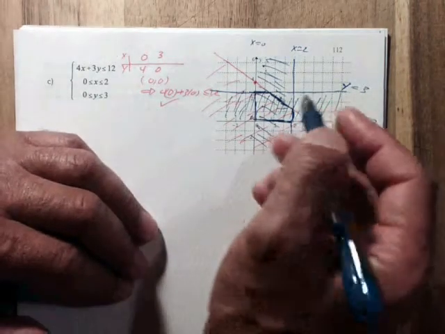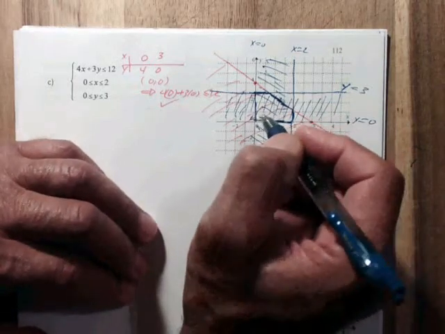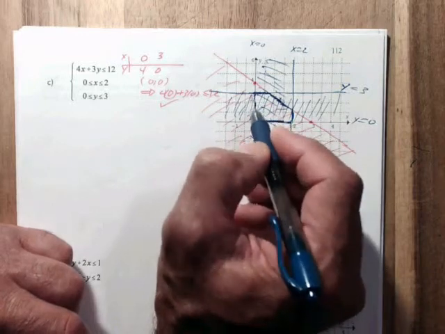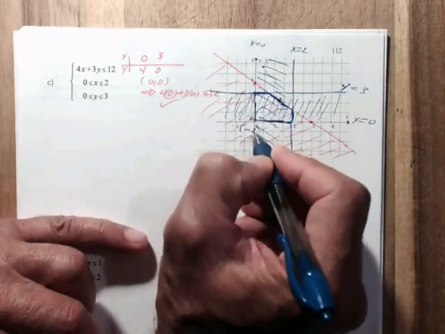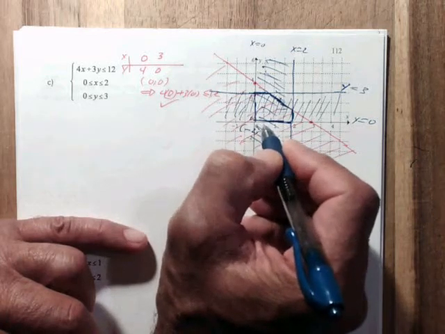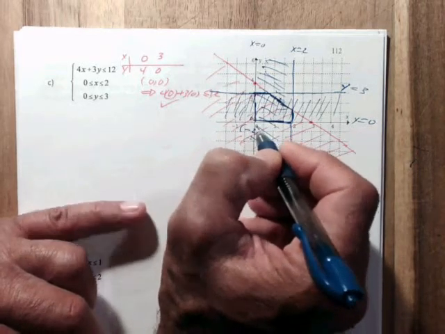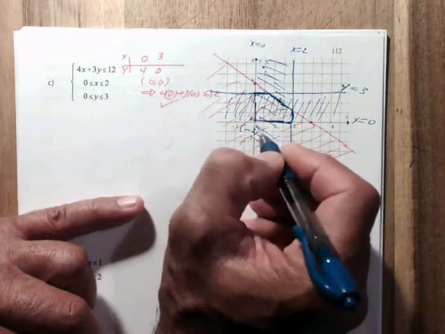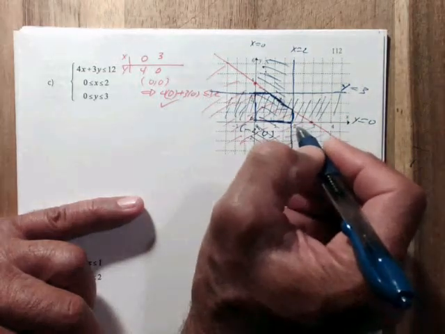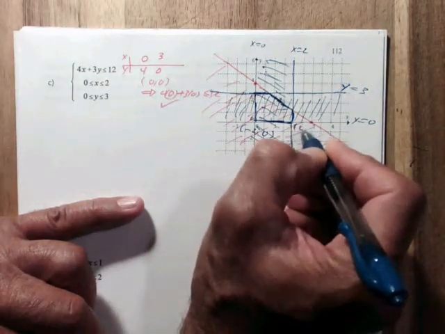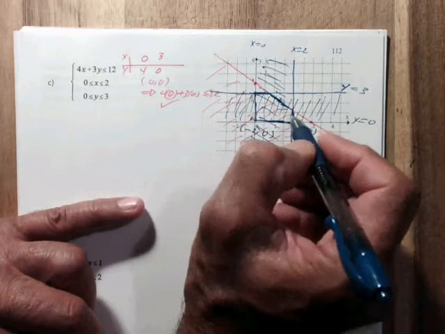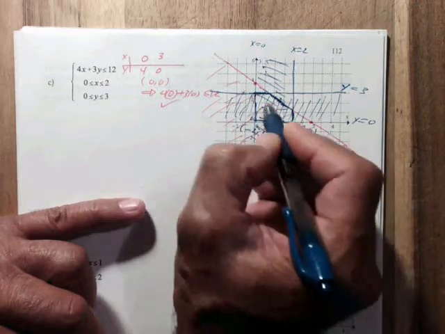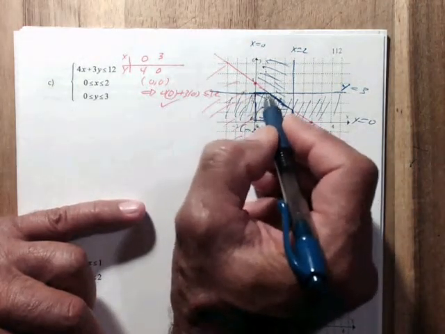Okay. And these points are easily found because this is x equal to -2 and y is equal to 0. This is x equal to 0, y equal to 0, and this one you have to find intersection points here.